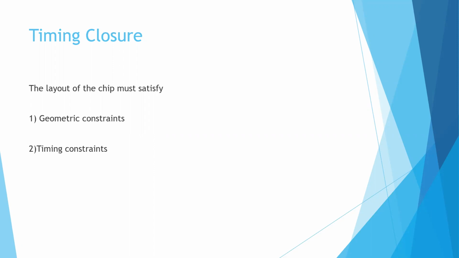Like we have logical synthesis, then we have timing constraints, then we have place and route constraints. So the constraints are nothing but the instructions that the designer gives to the system for proper functioning of the chip. So here basically we can say that timing closure must satisfy these two constraints. Then only we can say that the chip has completed the timing analysis or closure. So these two are geometric constraints and timing constraints.